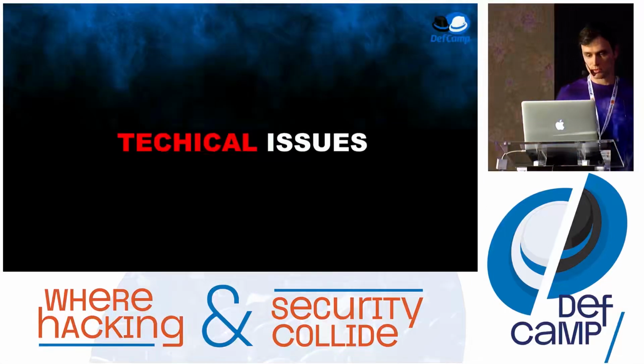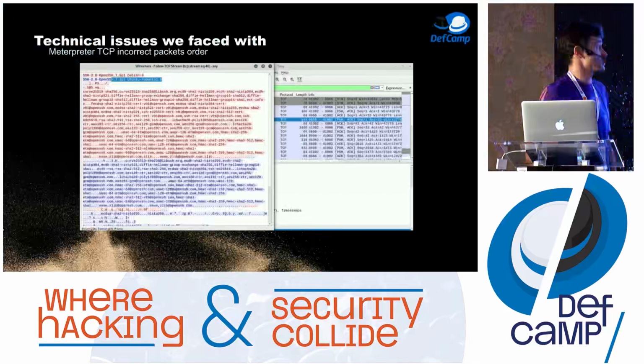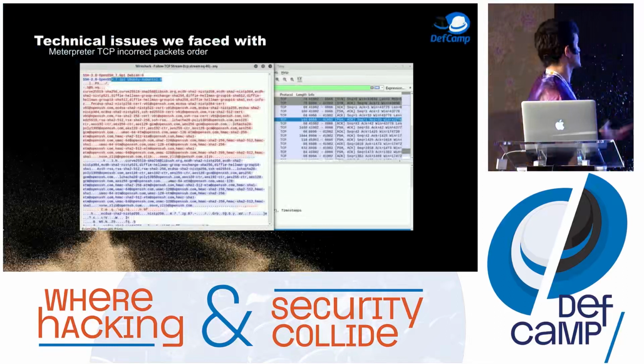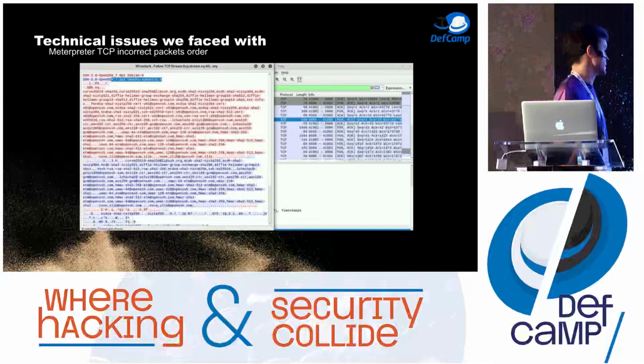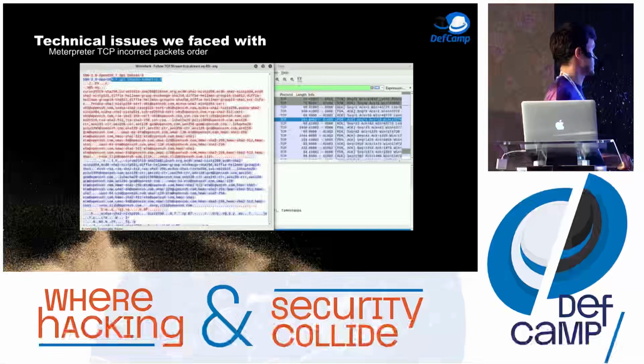When we developed the platform, we faced several technical issues I want to share with you. For instance, sometimes when you do a penetration test, you use the meterpreter. Once we developed one of our scripts, we noticed that sometimes the SSH connection with the host doesn't work.